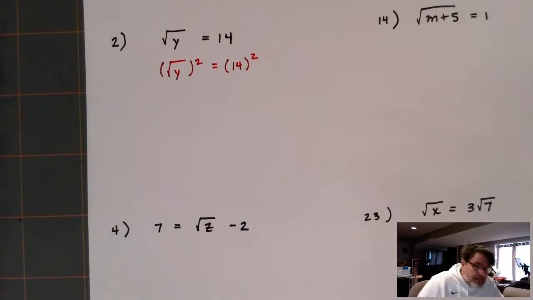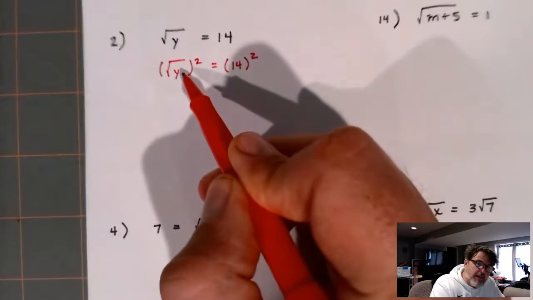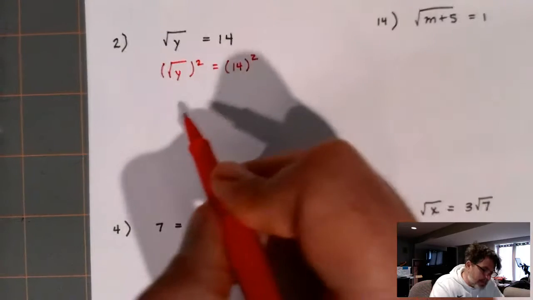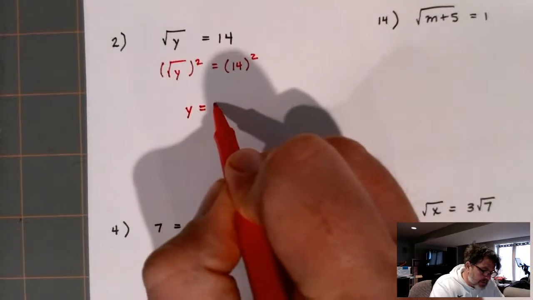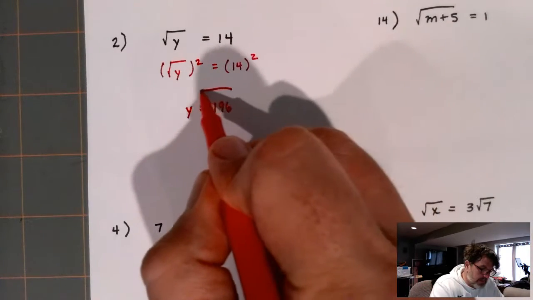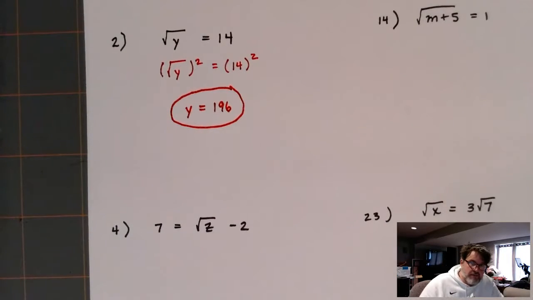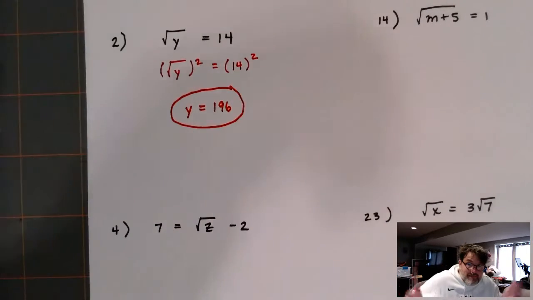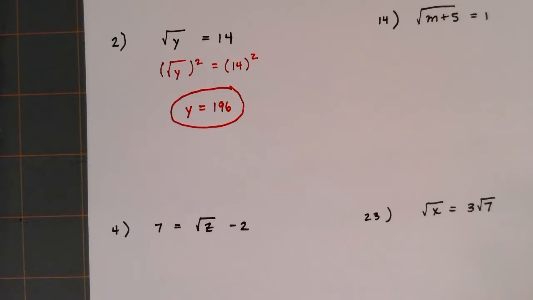I don't have to worry about a math trick or the absolute value, because when I square it, that's going to make it positive. So I just get y equals 196. That's the whole thing. That's all you needed to know. All we're doing is squaring both sides.